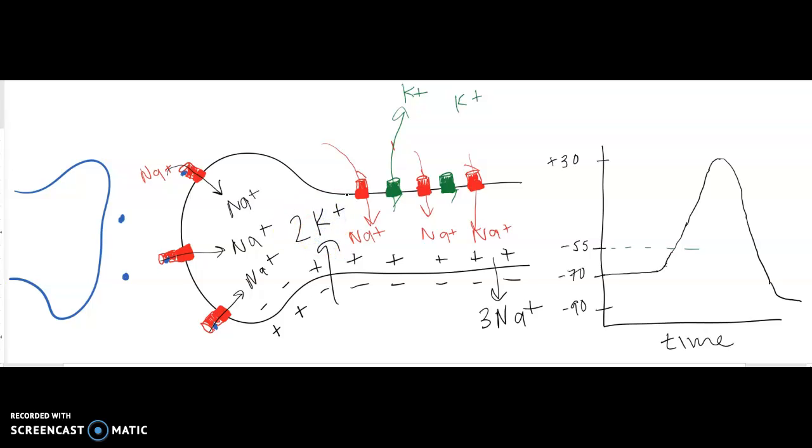And okay, so I still have more positive charge outside, and that's why it doesn't increase it that much, but it brings me back up here to this negative 70, which is my resting. And then that's the reset. Now more neurotransmitters can bind here and cause a signal, and then I need to reach the threshold again, and then boopity boopity boop. It is a domino effect.